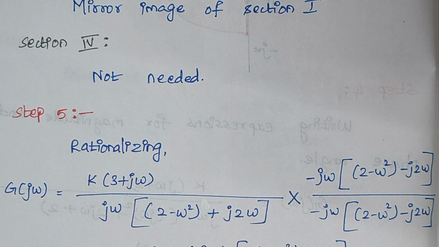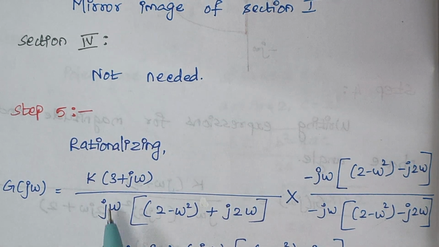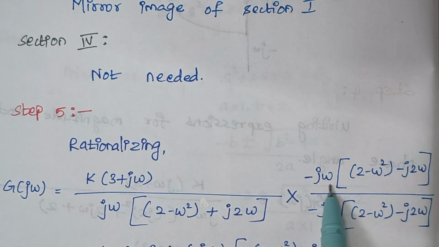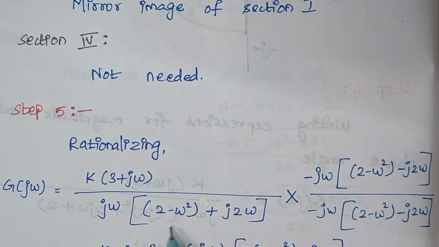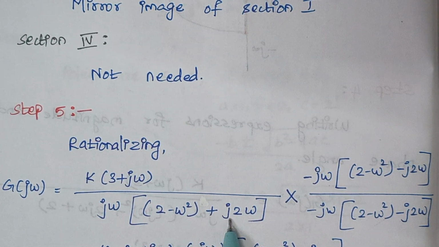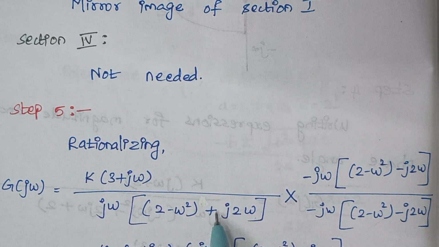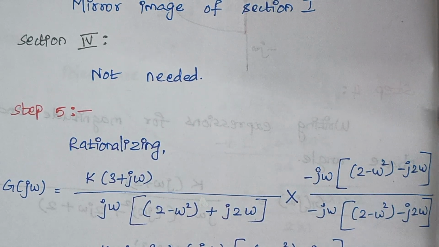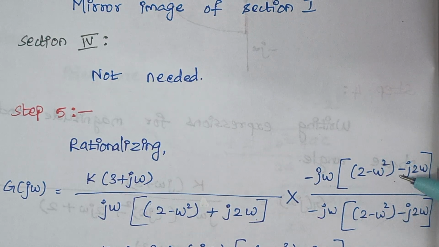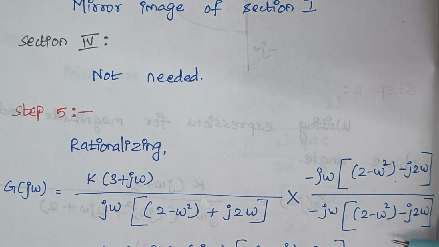Okay, in mathematical terms we can say like that. So here you see we are having j omega. So here I am having minus j omega, and here I am having 2 minus omega square plus j2 omega, but here in the place of plus I have replaced minus. So I have multiplied and divided by the same term here, right?